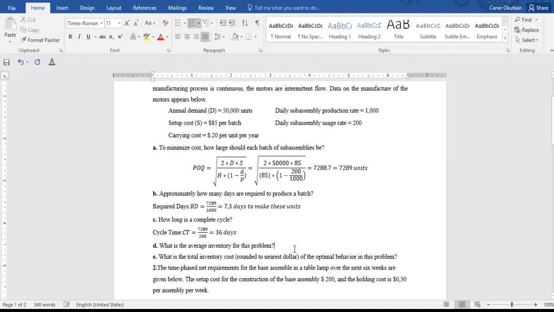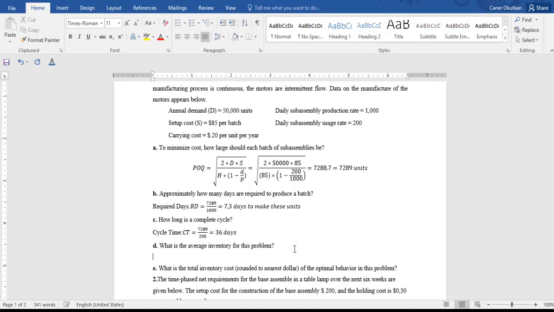So we find question C and we pass to another question, question D. What is the average inventory for this problem? To find the average inventory, we have to find the maximum inventory first. So maximum inventory equals I max.